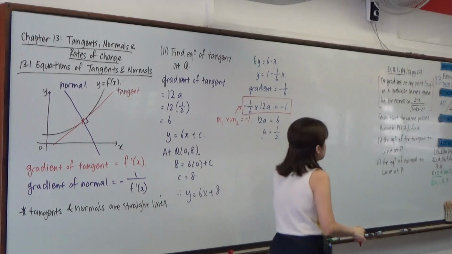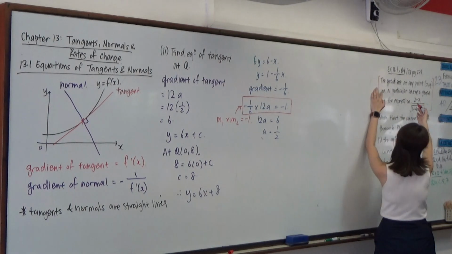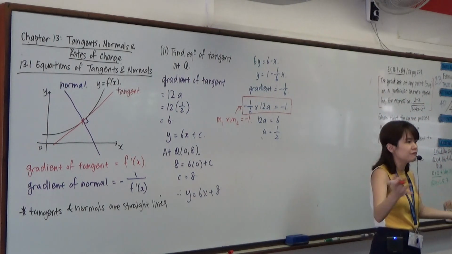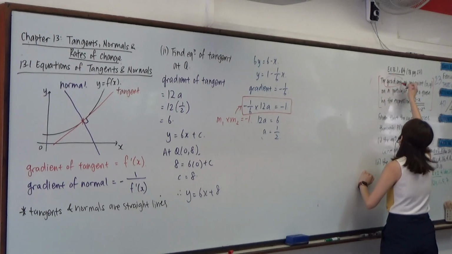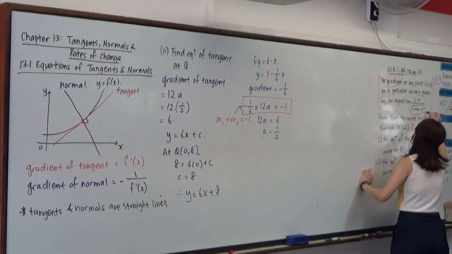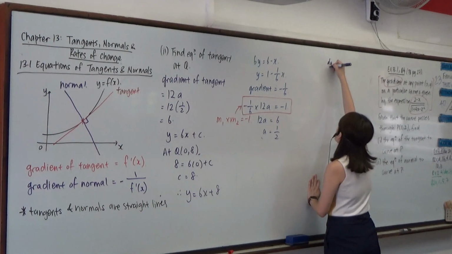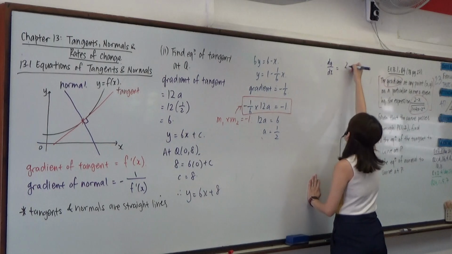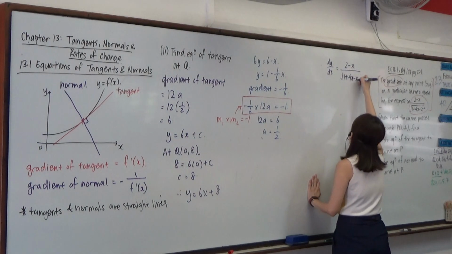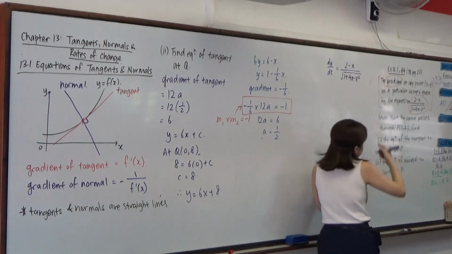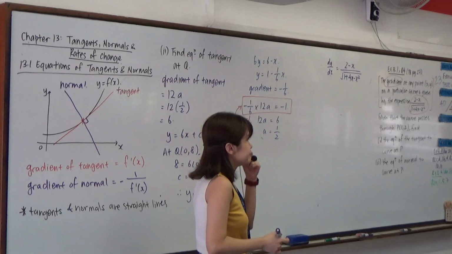For a particular curve, you don't know the equation, but the question tells you that the gradient has this expression. That means dy over dx of the curve is (2 minus x) over the square root of (1 plus 4x minus x squared). This is the first thing that you must be able to interpret out of that first sentence.